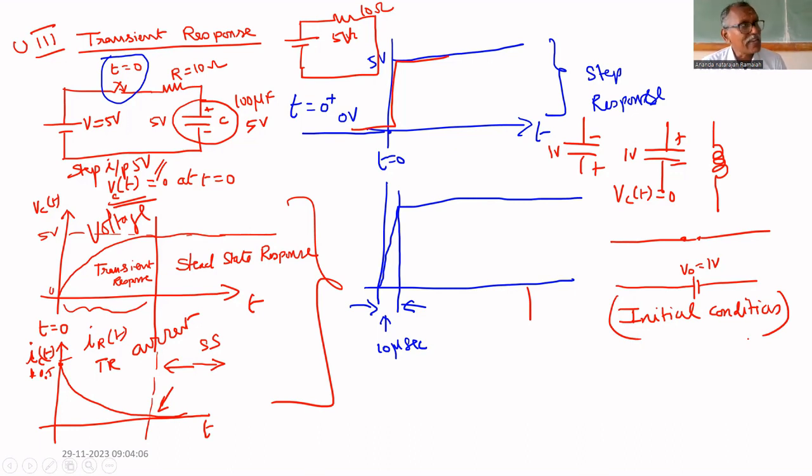Similarly, the inductor will store energy in terms of current, just opposite. They are complements of each other. The capacitor stores energy in terms of voltage, while the inductor stores energy in terms of current.